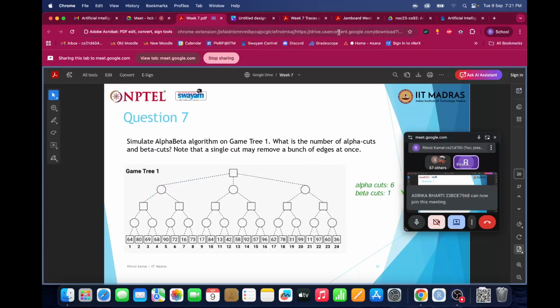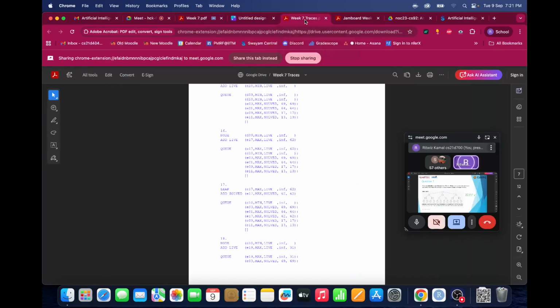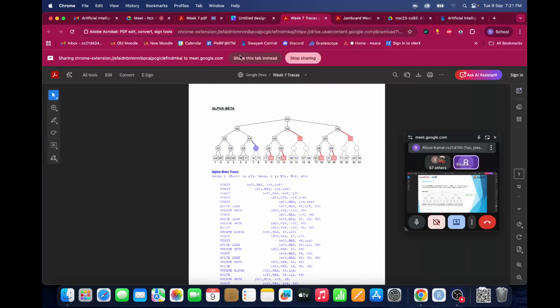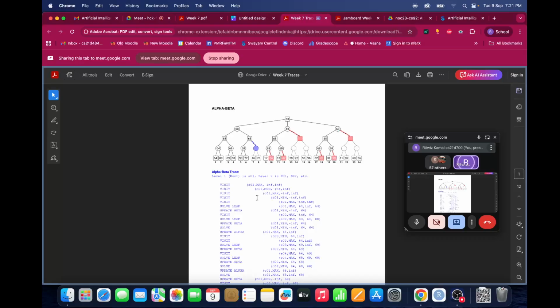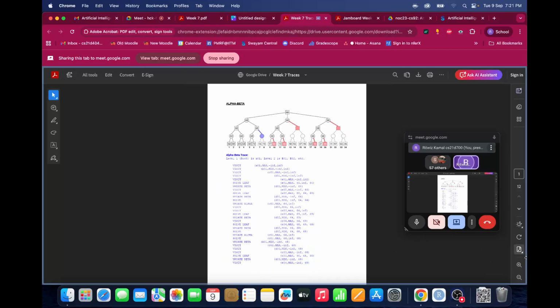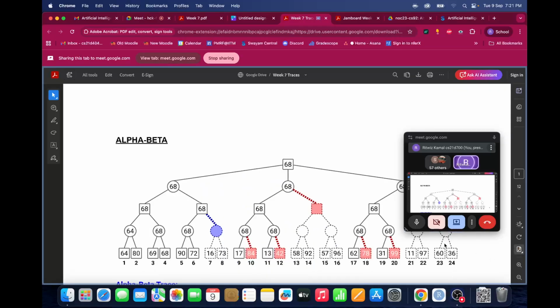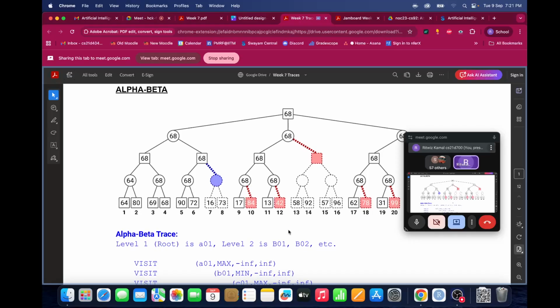Okay. One more thing that I wanted to point out to you. There is this very nice trace that has been developed by Bhaskaran sir, and that is available in the same folder that contains the slides for each session.